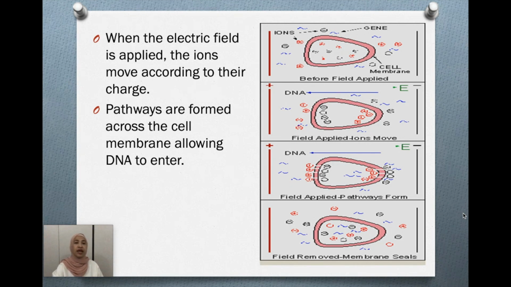In this example, for DNA, when the electrical field is applied, you can see the ions moved toward different sides, and the pathways are then formed. These are the pathways.